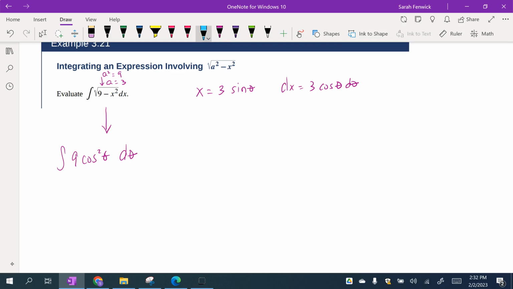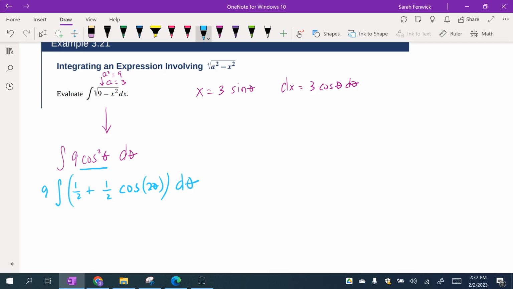Once we get here, cosine squared theta, we can use our power reducer for this and have the integral of, I'm going to keep my 9 out here, 1/2 plus 1/2 cosine 2 theta d theta.